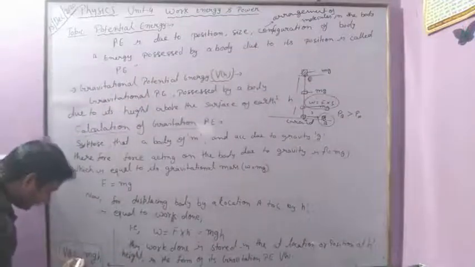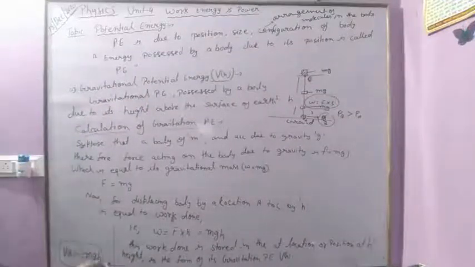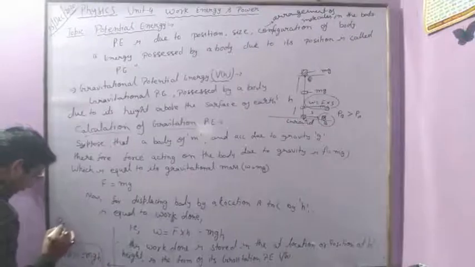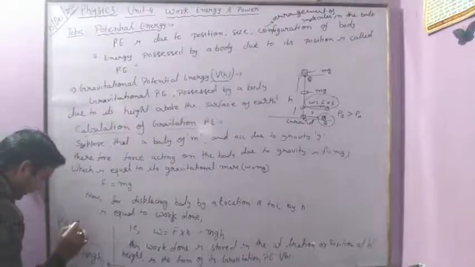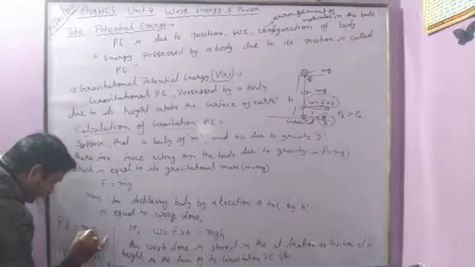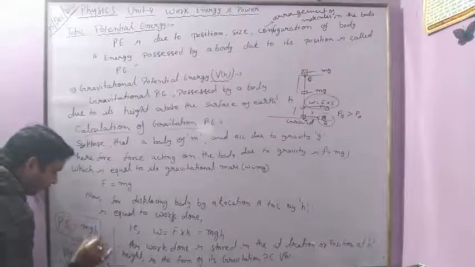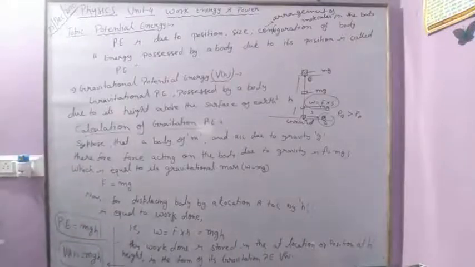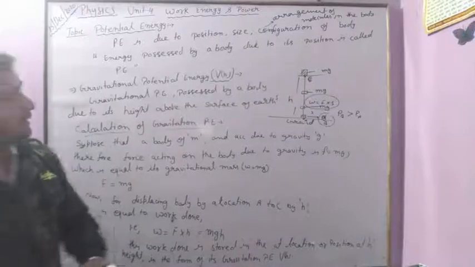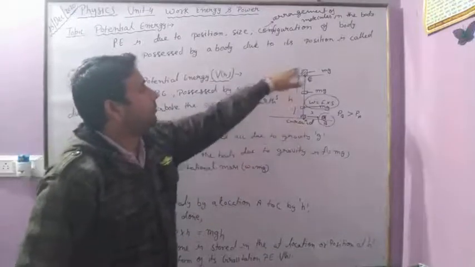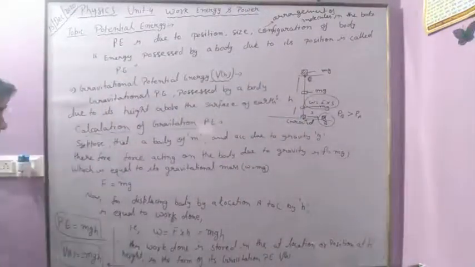And the potential energy at C is mgh, which is the work done by the applied force in placing the body at height h. Note down.